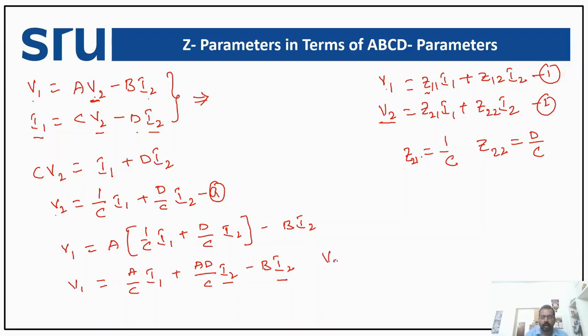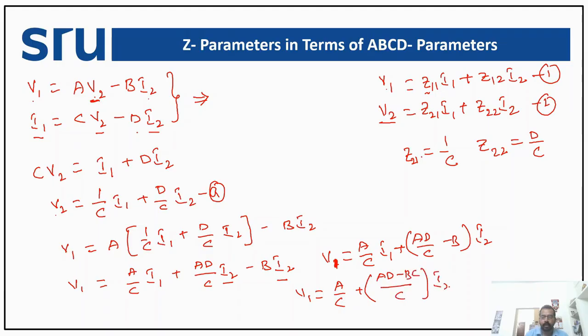We are going to get V1 is equal to A by C I1 plus (AD by C minus B) I2. So we are having V1 equal to A by C I1 plus (AD minus BC) divided by C into I2.